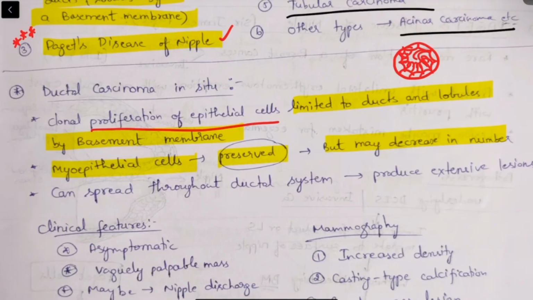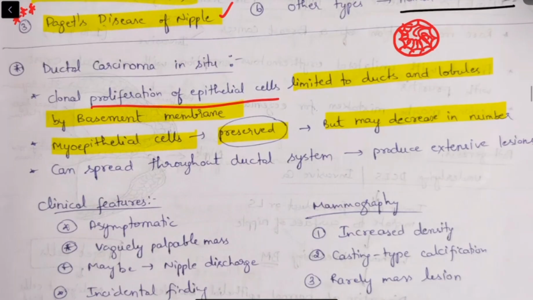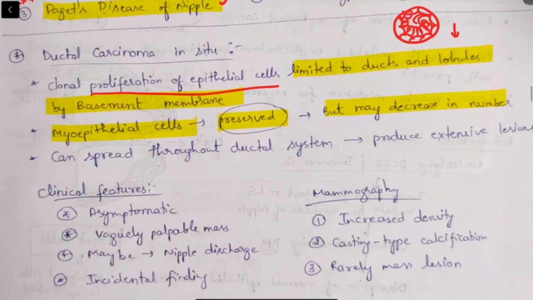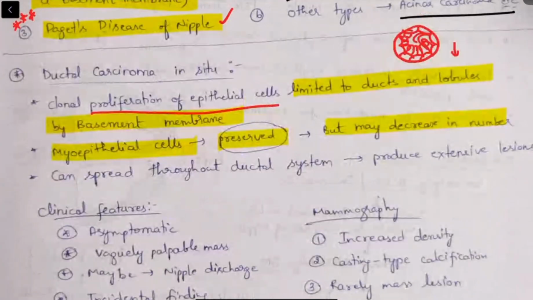Okay, so because of this there can be a reduced number of myoepithelial cells or they can be the same as before, but the other cell, the luminal cell, is increasing in number, and the basement membrane is preserved. Okay, that is ductal carcinoma in situ.